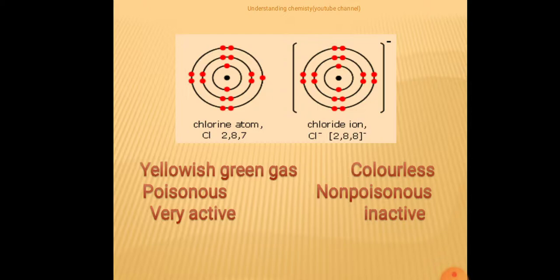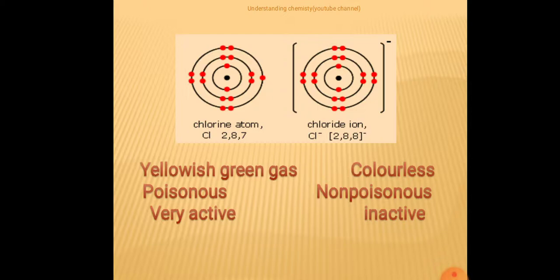The anions will be inactive because they already have a stable configuration, a completely filled electron valence shell. Chloride anion has a complete outermost shell. Which has the charge and which is neutral? Chloride anion has a negative charge, whereas chlorine is neutral.